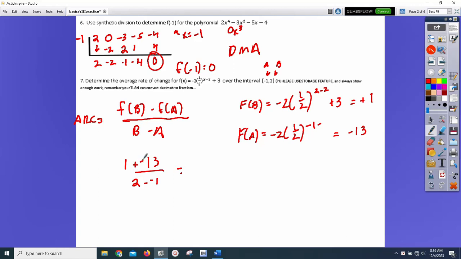That's plus plus. 2 take away a negative 1 is 3. There is my answer, and that's where I stop for now because this is annoying. This should work.